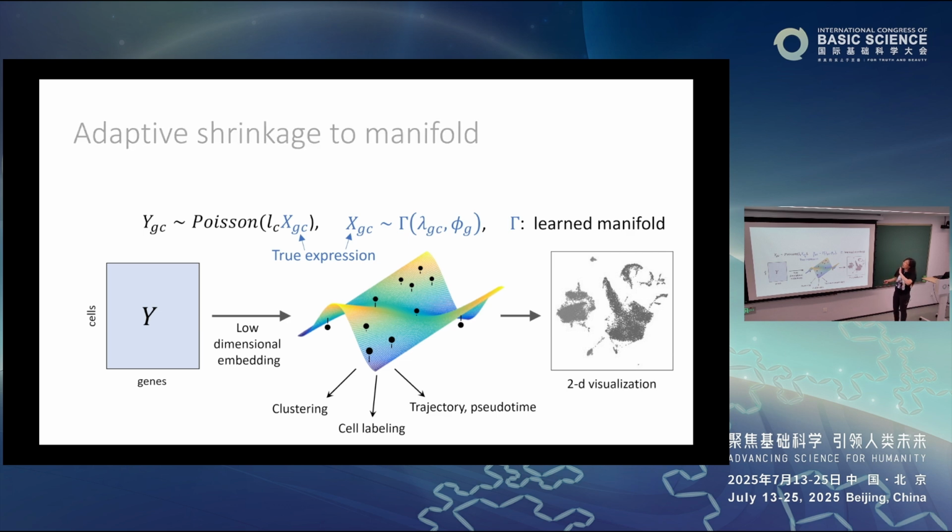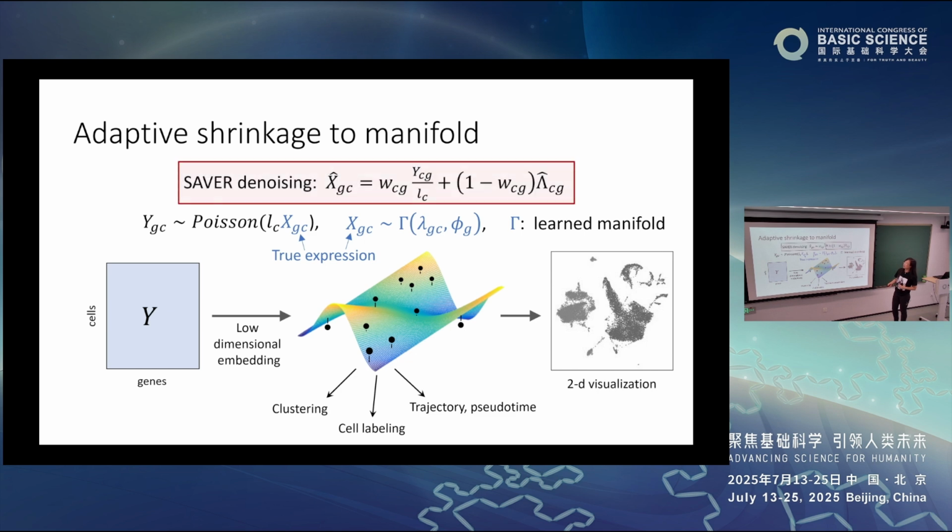Based on this, what you can do now is an adaptive shrinkage to the manifold. What that means is you can estimate XGC, the quantity of interest. We want to know the true expression of the gene in that cell. We call that X hat GC. X hat GC is a weighted average of your observed expression divided by the library size, plus the manifold fit.